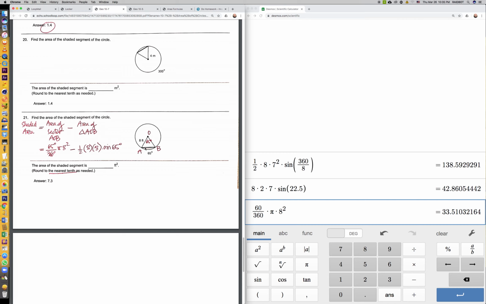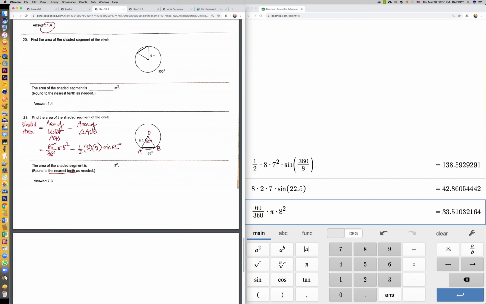So you want to find the area of the shaded segment over here. It should be equal to the area of the whole sector, and then you subtract the area of the triangle. So for the area of the sector, you take the measure of the arc of the sector, which is 65 degrees, divide by 360, multiply with pi r square, and then you subtract the area of the triangle.